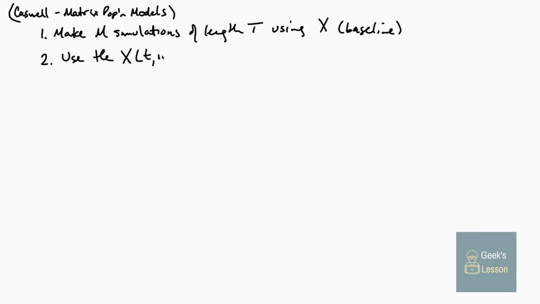X at time t in simulation m to make sequences, for each time step in each simulation, of u vectors at time t in simulation m, which is the stage structure of the population U. You'll remember from the matrix modules, U is one of the eigenvectors in the non-stochastic case.